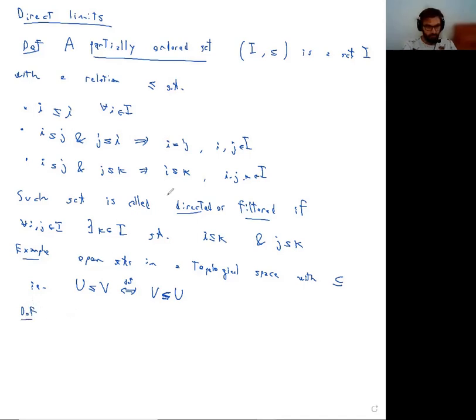And now that we know what a directed partially ordered set is, we can define a directed system of R modules. It is a family of R modules, and the interesting thing is that they're indexed over a directed set.